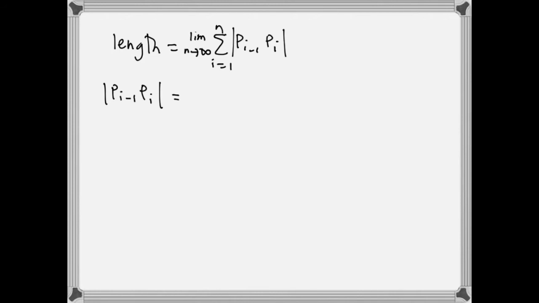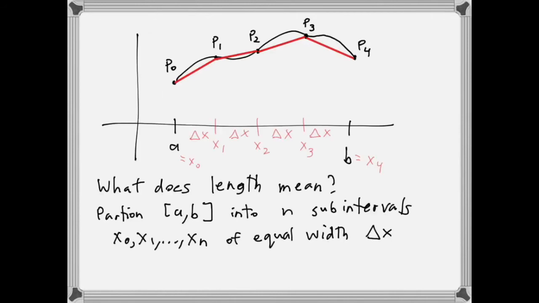So let's go back to the page before, right? What are these coordinates? Well, this coordinate, for example, would be x2 and then f of x2. This coordinate would be x3, f of x3, right? And so we could just use the distance formula, couldn't we?